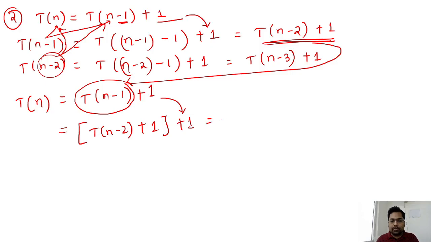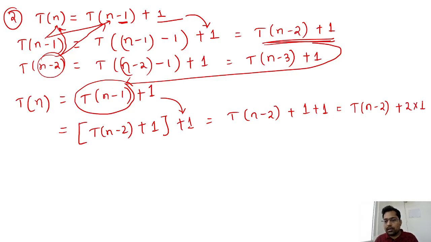Now you simplify: T(n-2) + 1 + 1, or else if you want to simplify, I'm writing that also: T(n-2) + 2 into 1. Now you check this value.